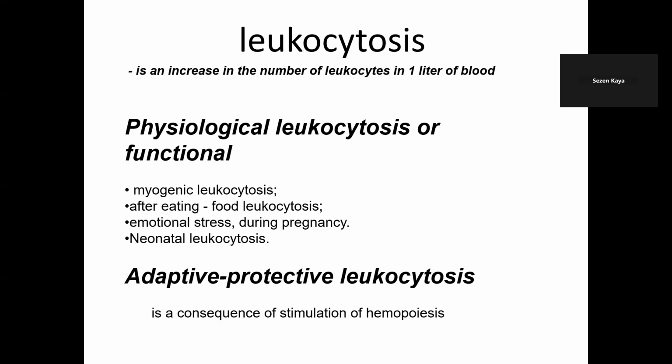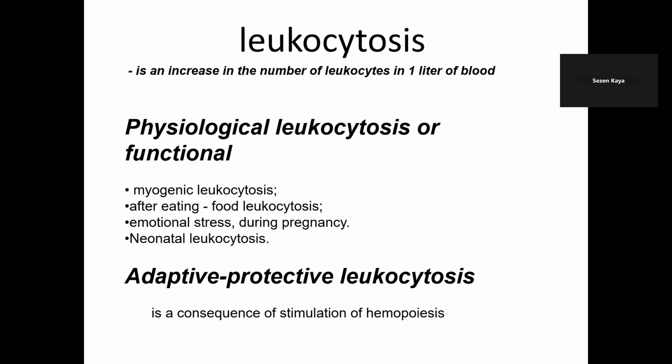What does adaptive protective leukocytosis mean? It means that because of the presence of some infection or some antigens, we have an increasing quantity of new leukocytes, because of hematopoiesis.